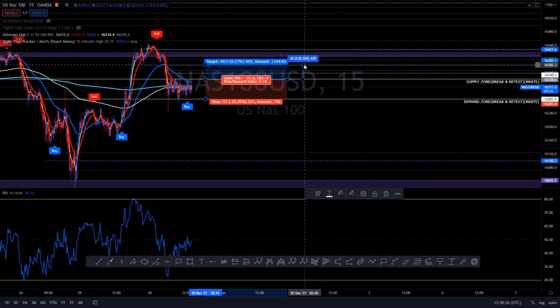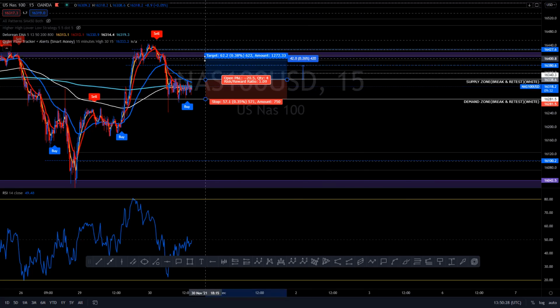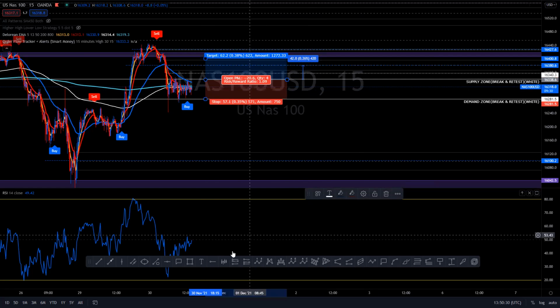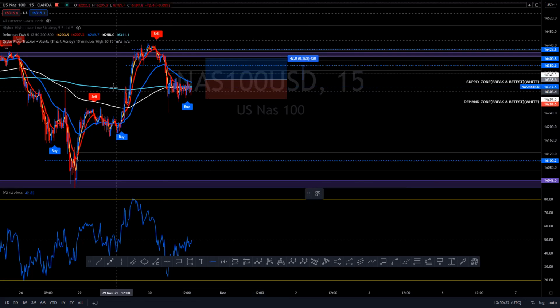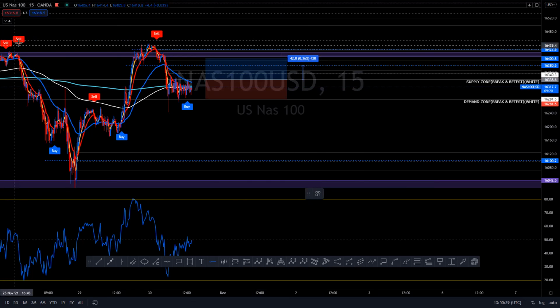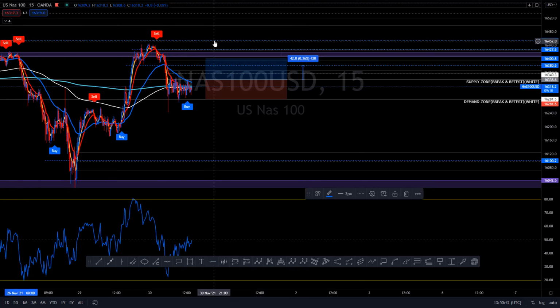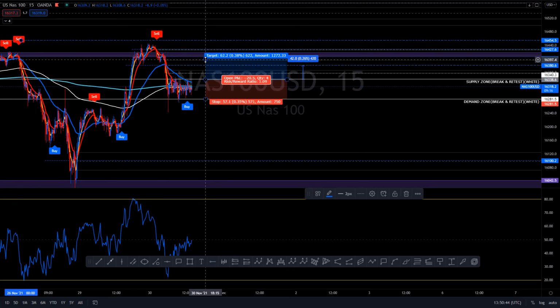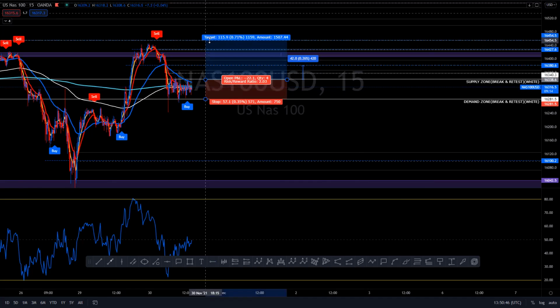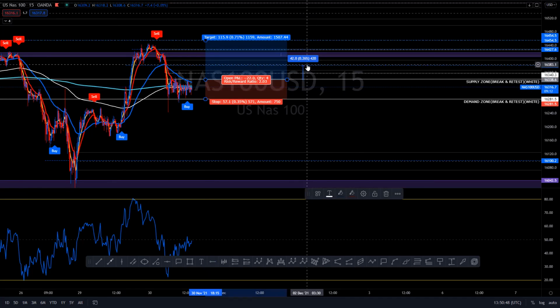Then we can make this up here as a second take profit. Matter of fact, if price decides to keep on going, I'm going to make this the second take profit here, especially if it passes this zone. So we'll do that.